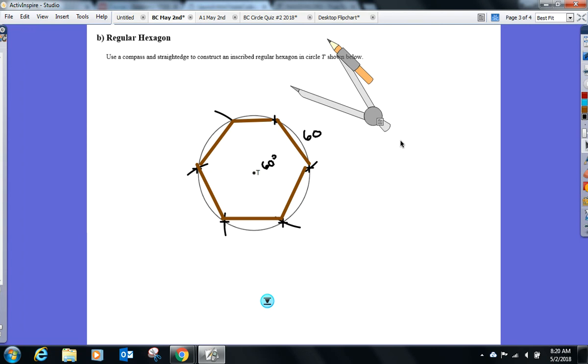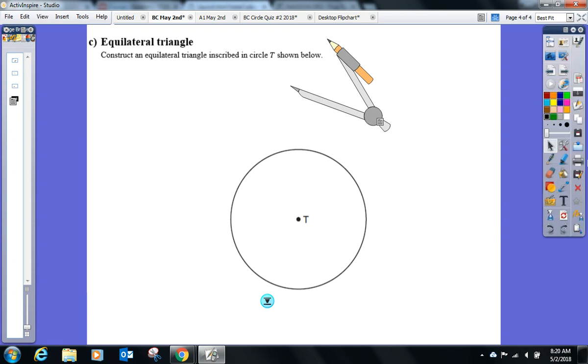Correct, yeah. Because take a look, guys. When you do the hexagon, every arc was how many degrees? 60. So when you take 2 of them, it'll be what? 120, 120, 120. So yes, we're going to do the hexagon construction, but now we're not going to connect every one. We're going to connect every other one.